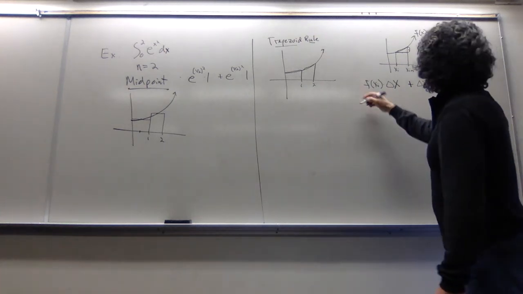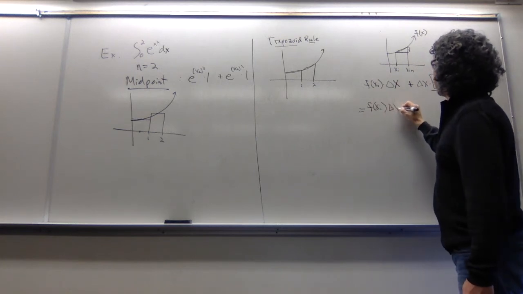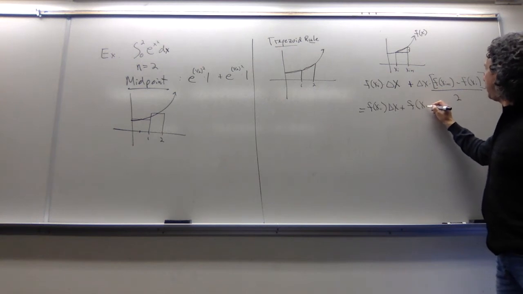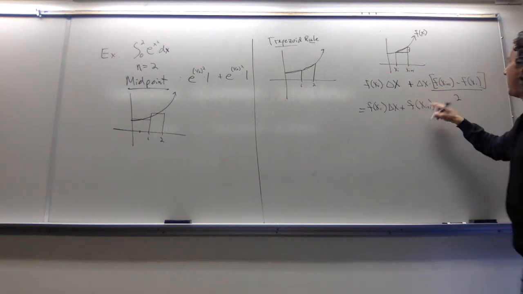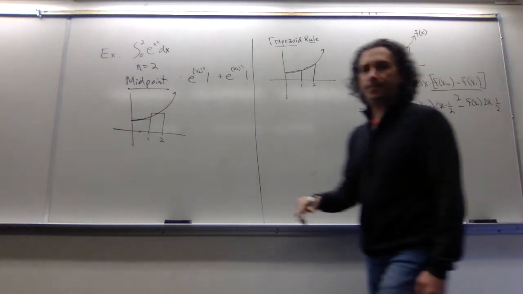So let's see. This guy is equal to f of x sub i times delta x plus, I'm just trying to clean it up, so let me separate these guys out. f of x sub i plus 1 times delta x times a half minus f of x sub i times delta x, again, times 1/2.